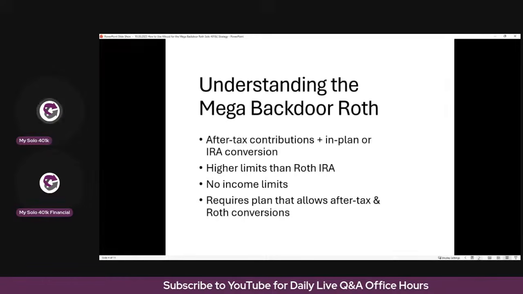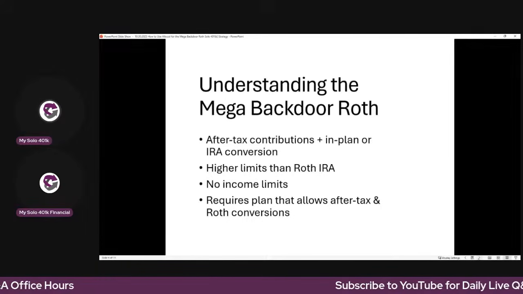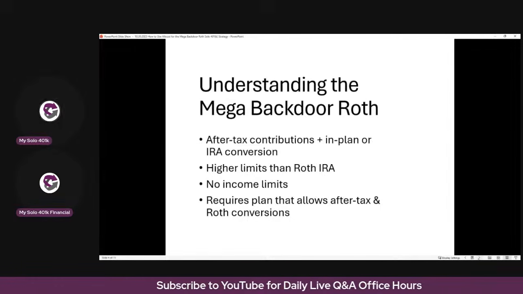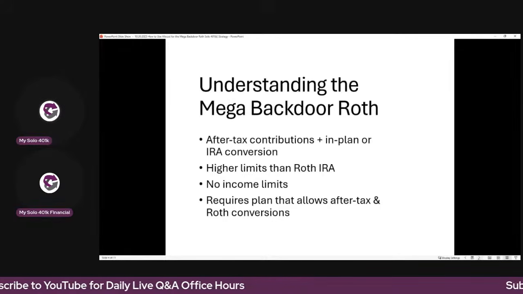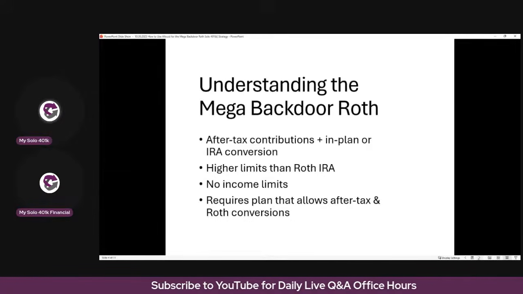Specifically, you would be making what's referred to as voluntary after tax contributions to the solo 401k, step one, and then step two, transferring those voluntary after tax solo 401k funds either to a Roth solo 401k or a Roth IRA. So it's a two-step process. So you need to have a 401k plan document, though, that allows for both steps.